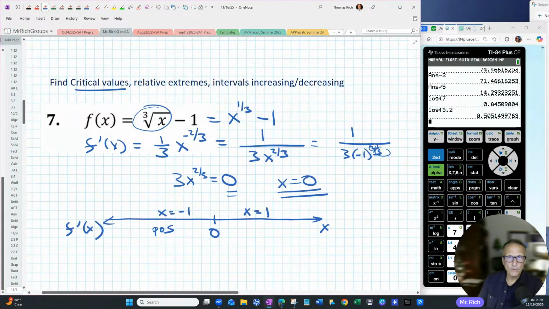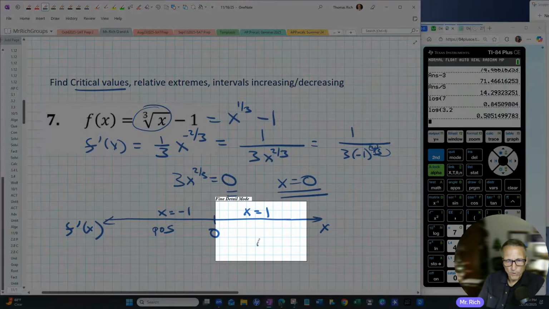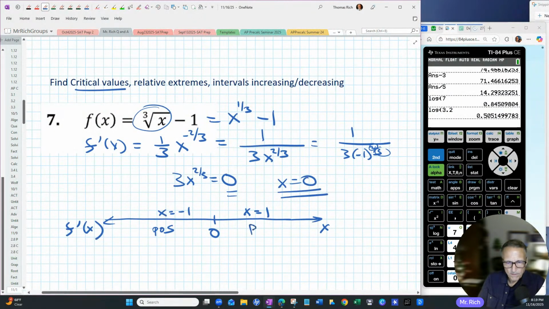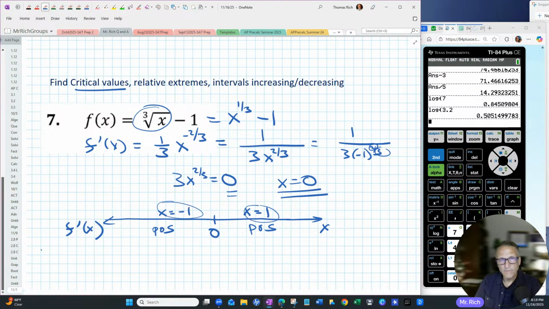So it's going to turn positive whenever you square any number, negative or positive. It will be a positive number. So both of these test points, when I plug them into the derivative, will give me a derivative that's positive. Notice we don't care what the numeric value is, just the sign, whether it's positive or negative.